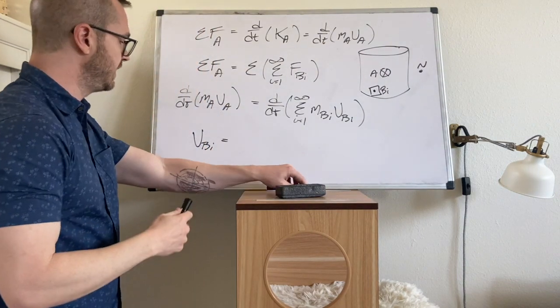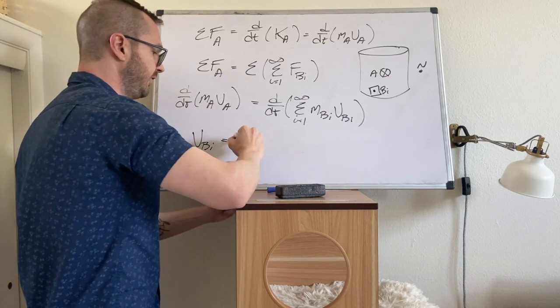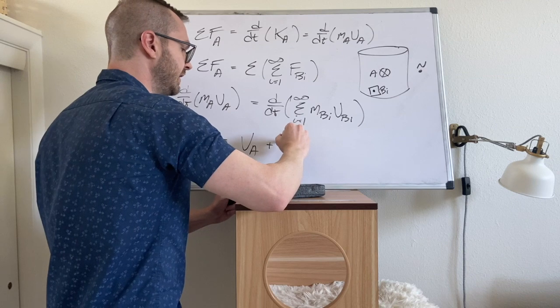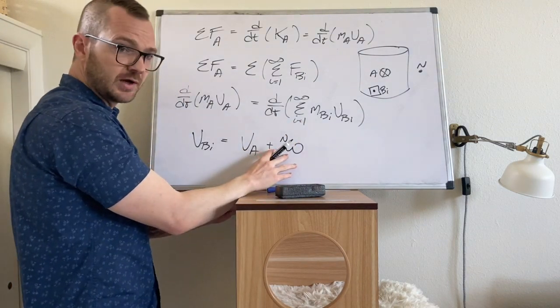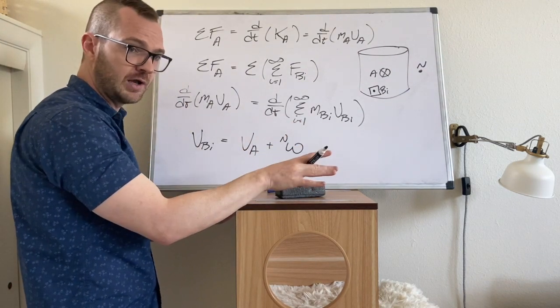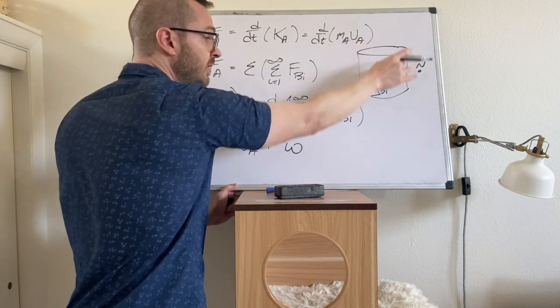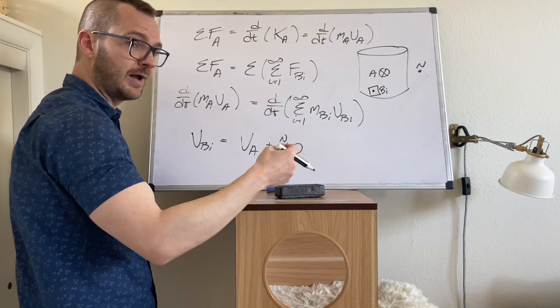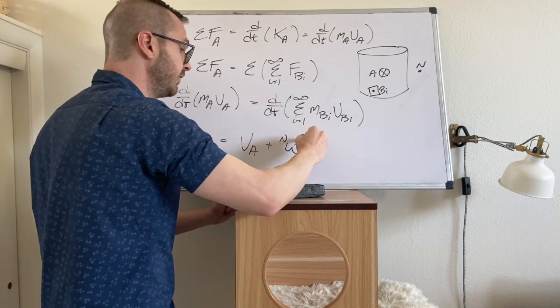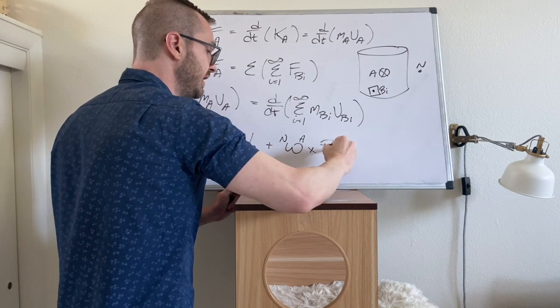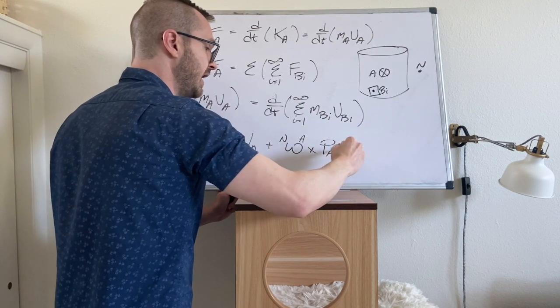So V_BI then is V_A plus omega. Now remember, with transport theorem, it's whatever frame you're taking the derivative of. This is rigid body A. All of the position vectors would be in frame A. So it's omega into A cross P A to BI.